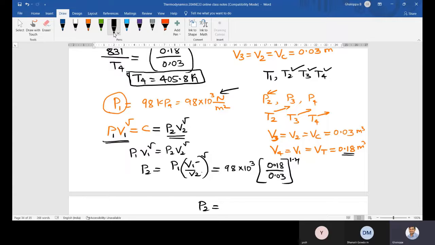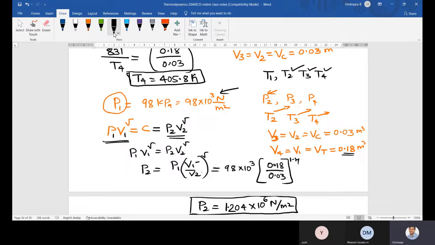So I am getting 1.204 into 10 to the power of 6 Newton per meter square. Very good, correct answer.